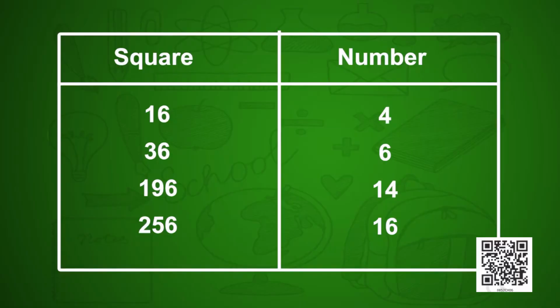If we observe this table, we have the table which contains the squares and the numbers. If you observe the right column, we have the numbers such as 4, 6, 14, 16. From this we can make a note that all these numbers end with either 4 or 6 in their units place. Now, proceed to their squares which are on the left column.